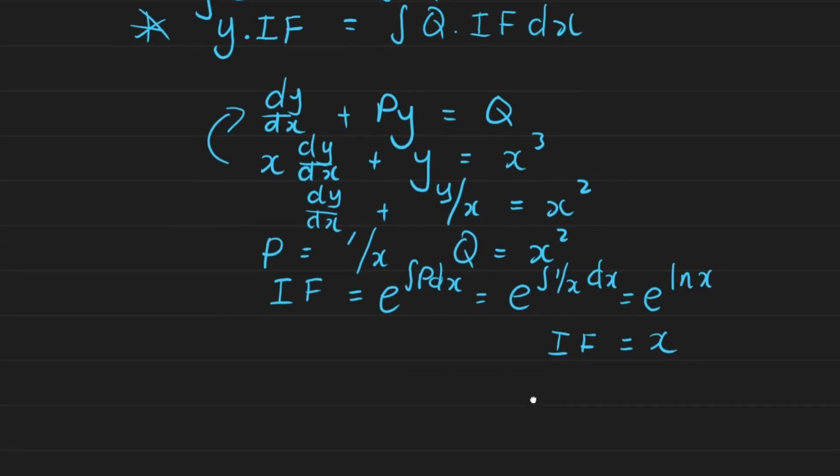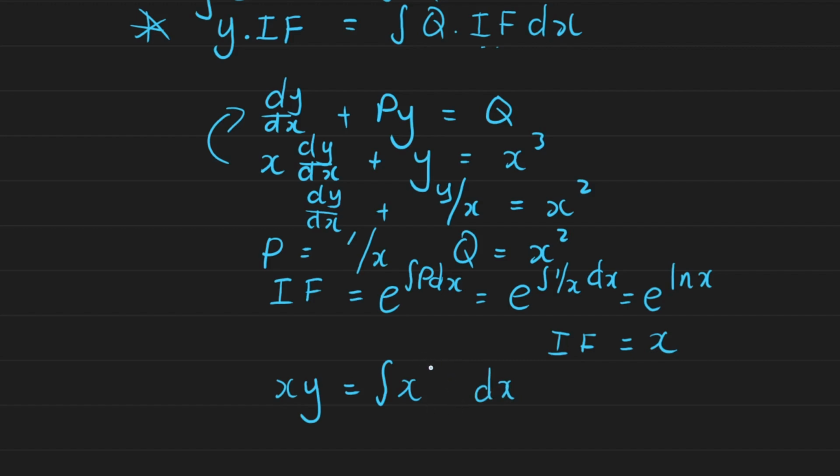So let's apply this result. We have y times the integrating factor, so that's just going to be x times y. And this is equal to the integral of q, which is x squared, times the integrating factor, which is x, and then dx. So x squared times x is just x cubed.